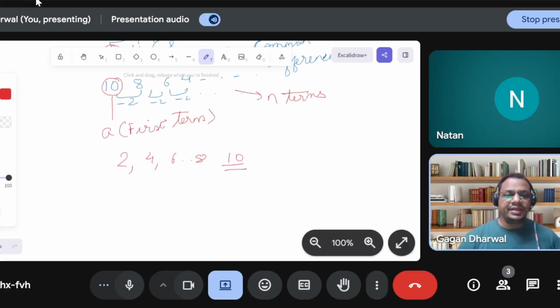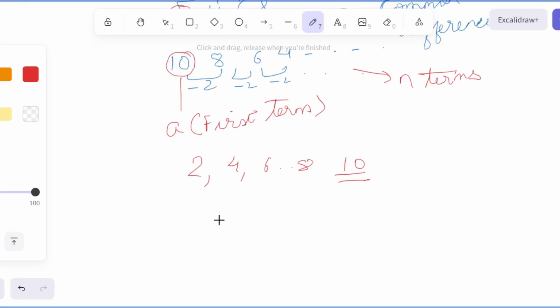In such cases we should know the general term formula for arithmetic progression. The general term Tn is equal to a plus (n minus 1) d, where a stands for the first term, n is the number of terms, and d is the common difference.